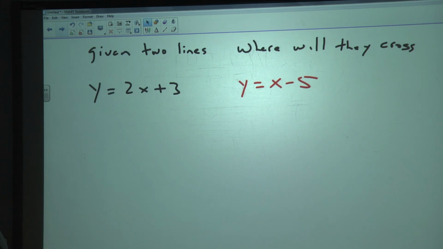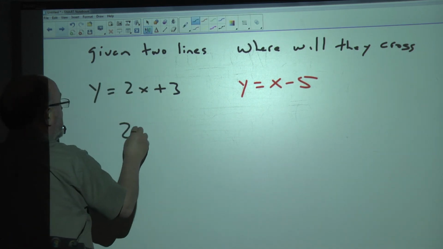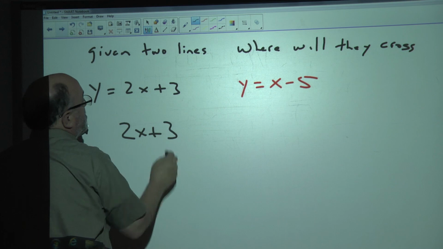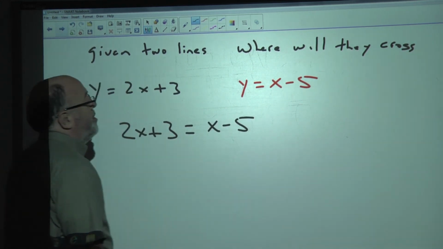And so if I'm going to find that out, one way would be to graph them and then work on the graph and see where they cross. The other way we can do it is algebraically. When they cross, at that point, 2x plus 3 has to equal x minus 5. Okay?